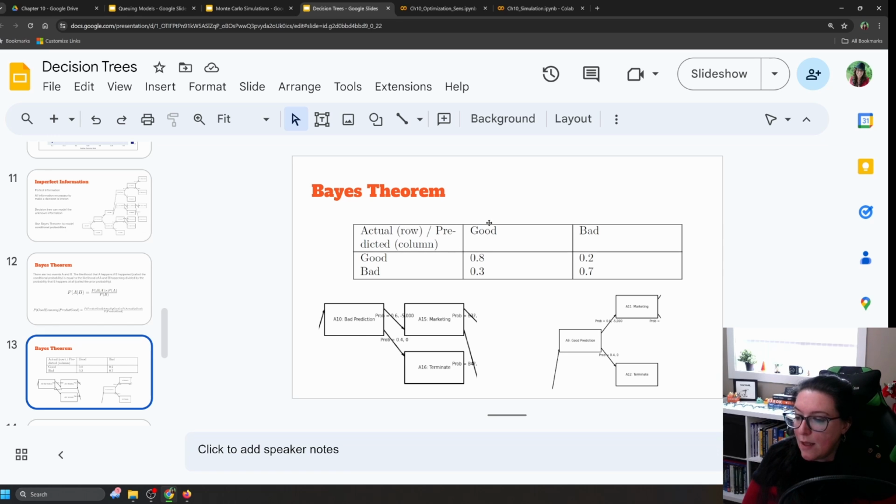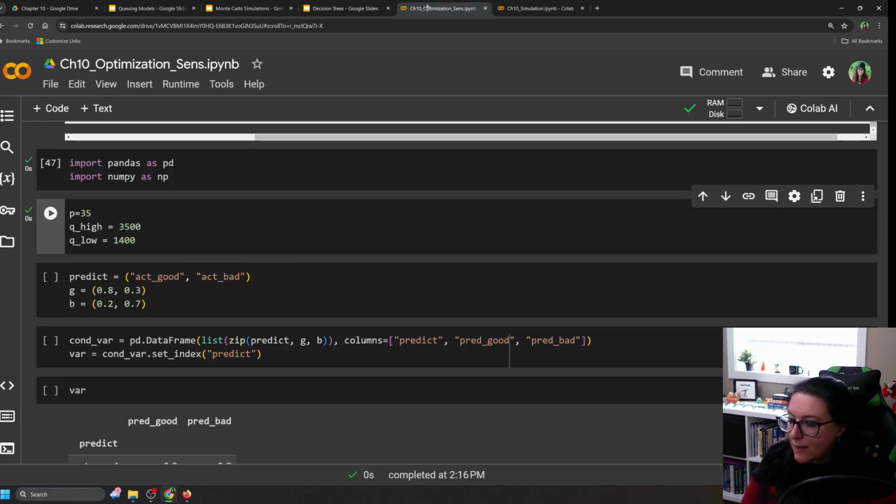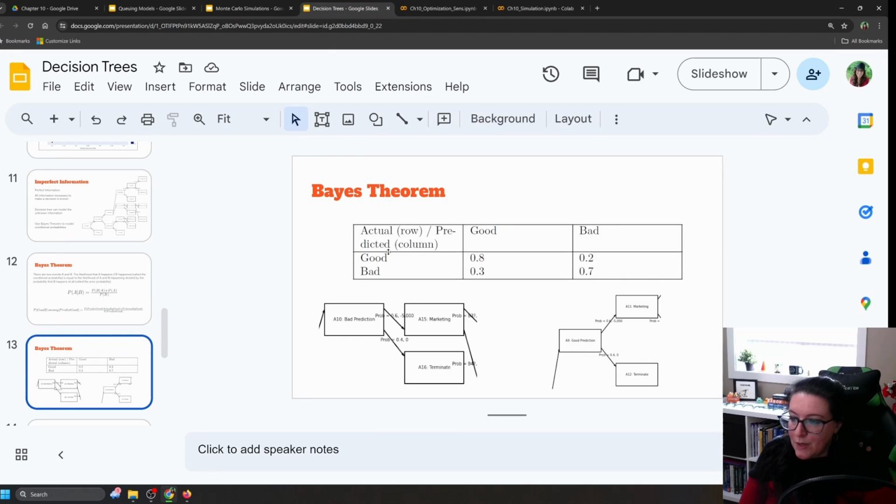So we're going to use this information to help inform the probabilities. They predicted good when it was actually good, 80%. They predicted bad when it was actually good, 20%. So let's load that in. We're going to look at predicted based on actually good and actually bad. If reality was good, then they were good 80%.